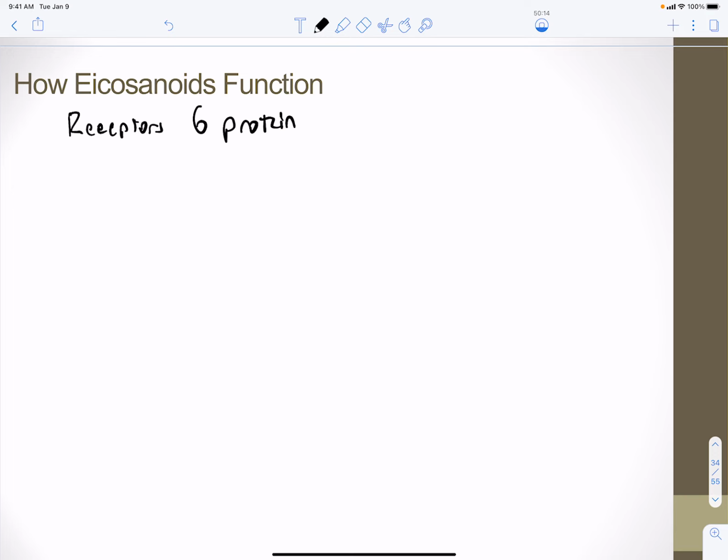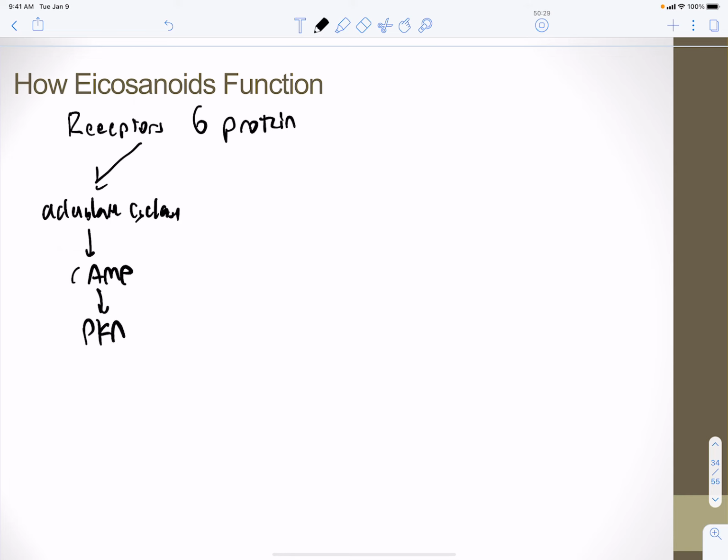So just like all G protein receptors, they can activate adenylate cyclase and cyclic AMP. And then you get your PKA, right? The ones that do this are going to be your prostaglandins E, D, and I series.